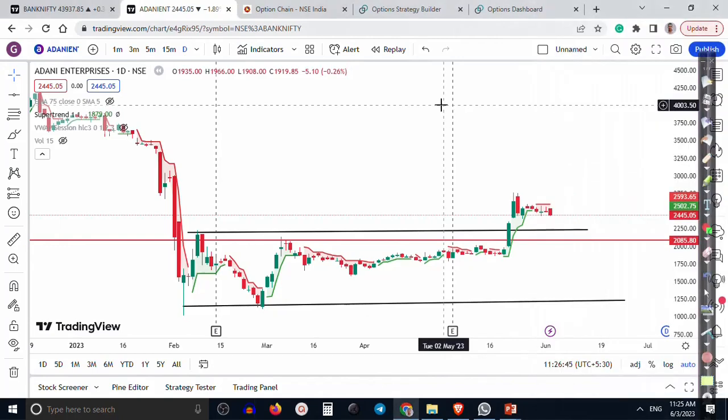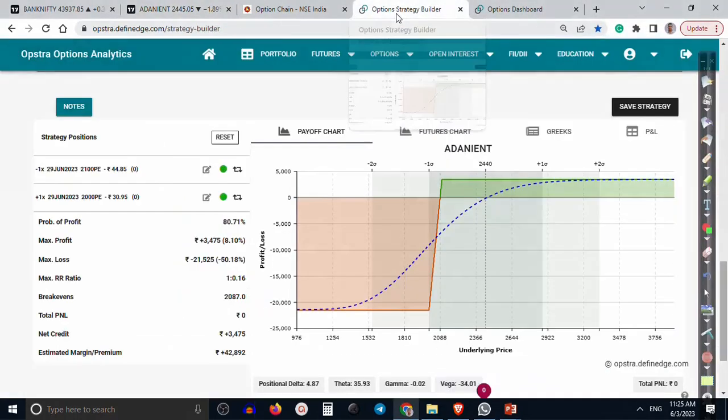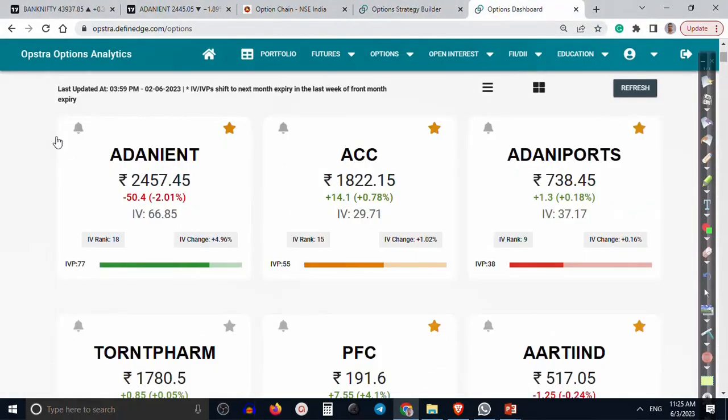How do we check this? Go to the dashboard, where you can see the bell icon. If the bell icon is green, that means Adani is going to release earnings before expiry. Here you can see there is no green color, so we confirm that Adani is not going to release earnings.